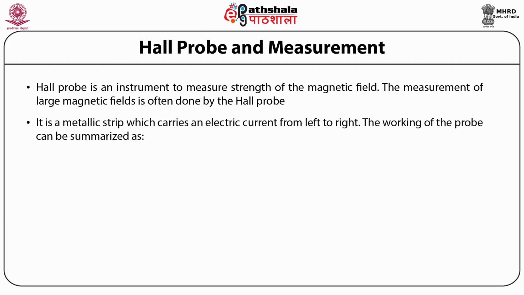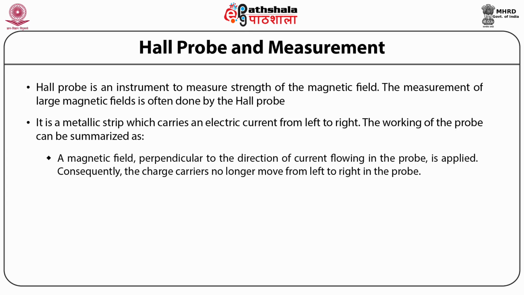It is a metallic strip which carries an electric current from left to right. The working of the probe can be summarized as follows. First, a magnetic field perpendicular to the direction of the current flowing in the probe is applied. Consequently, the charge carriers no longer move from left to right in the probe.